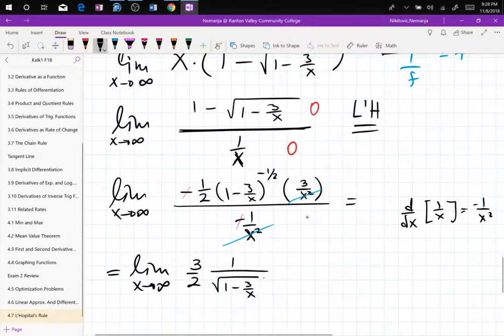That's the only thing that is left, which is 3/2, because the square root is 1, right? 3 over infinity is 0. 1 minus 0 is 1. Square root of 1 is 1. 1 divided by 1 is 1. So the whole thing is 1, and the only thing left is 3/2.